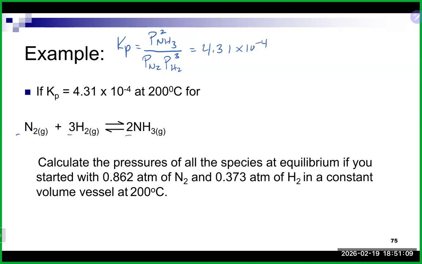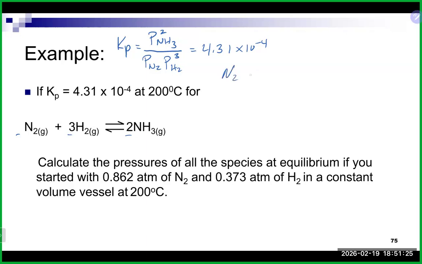Unlike the previous problem, we're not given pressures of our products. We're just given pressures of our reactants, which means we don't have to worry about Q in this situation because we can't calculate it anyways. So we can go into our ICE table here.